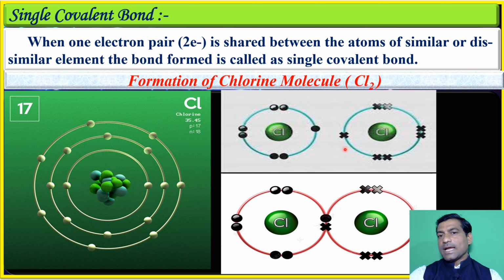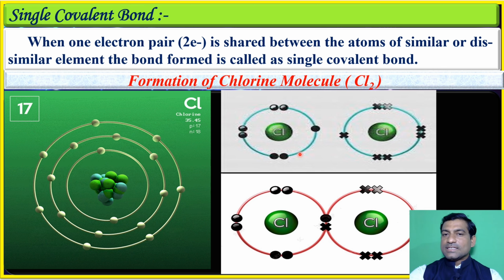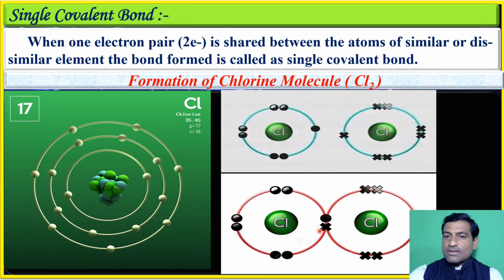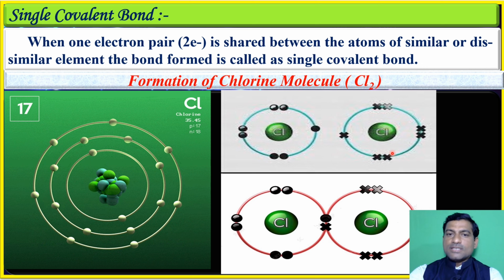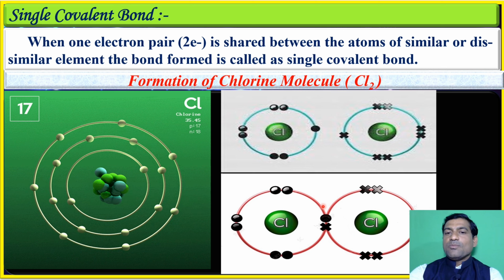Here second chlorine atom, last orbit contains 7 electrons. One chlorine atom shares one electron, another chlorine atom shares one electron. By mutual sharing of electrons between these two chlorine atoms, a bond is formed between them. That bond is called a सिंगल कोव्हॅलंट बॉन्ड.